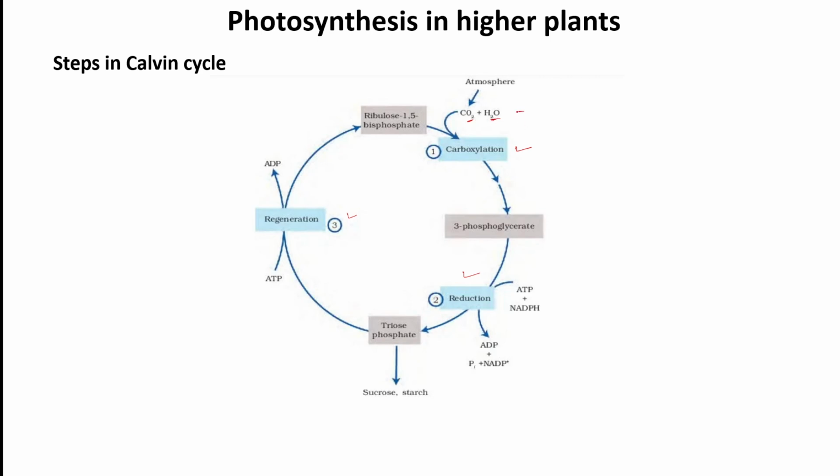So before combining directly to ribulose 1,5-bisphosphate, carbon dioxide first combines with water to form the bicarbonate ion, which is HCO3-. This is known as bicarbonate.